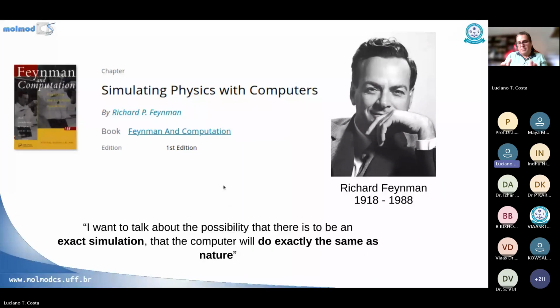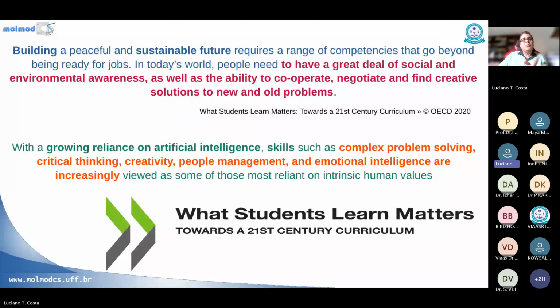So with this presentation, I'd like to talk about some conclusions. Building a peaceful and sustainable future requires a range of competencies that go beyond, for example, being ready for jobs, but people need to have a great deal of social and environmental awareness, as well as the ability to cooperate, negotiate, and find creative solutions to new and old problems.